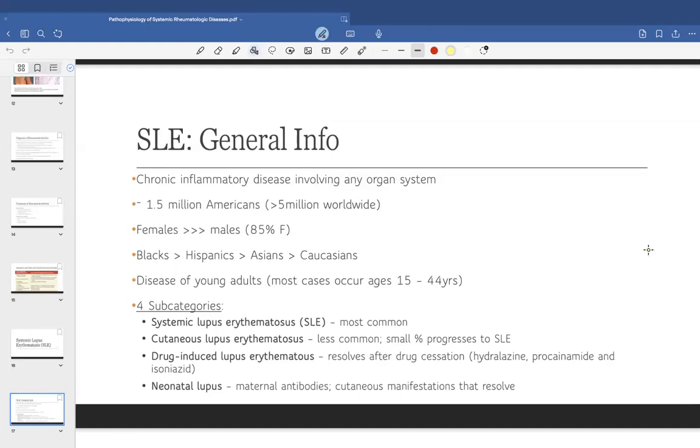There's also a neonatal lupus, but this is typically from maternal antibodies. And so the baby may be born with cutaneous manifestations that then resolve after 6 months because of the waning of mom's antibodies.